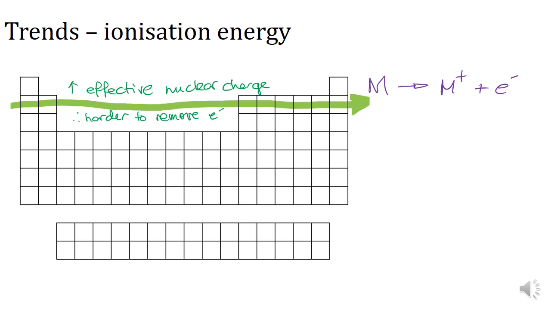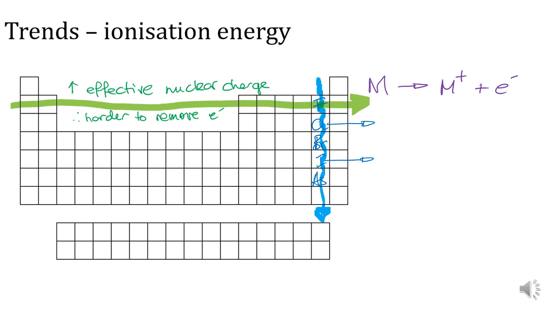As we move down a group, again, I'm adding extra electron shells. So, with fluorine, then chlorine, then bromine, iodine, and astatine, it's much easier for me to remove an electron from iodine than it is from chlorine.